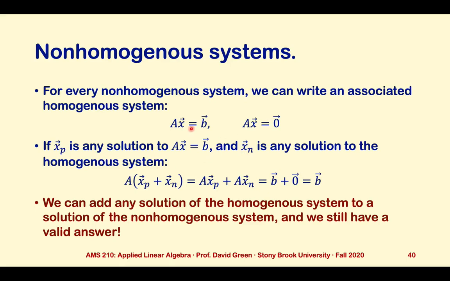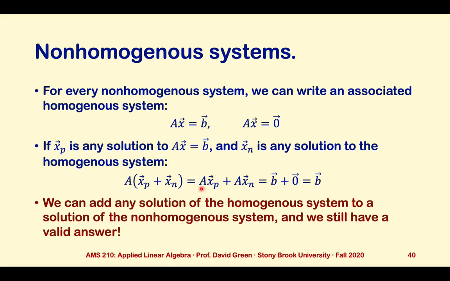When we compare the solutions of these, some very interesting results come up. First of all, imagine that XP is any solution to this non-homogeneous system, so AXP equals B. And XN is any solution to the homogeneous system, so AXN equals 0. What happens when we add these together? Well, XP plus XN, what is A times that?